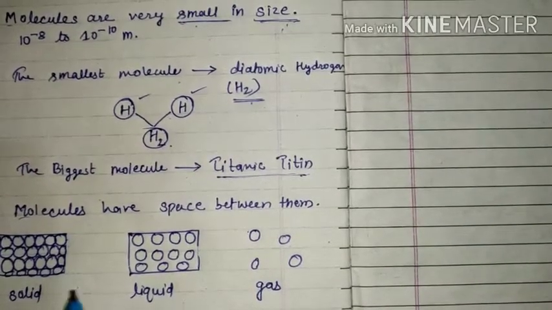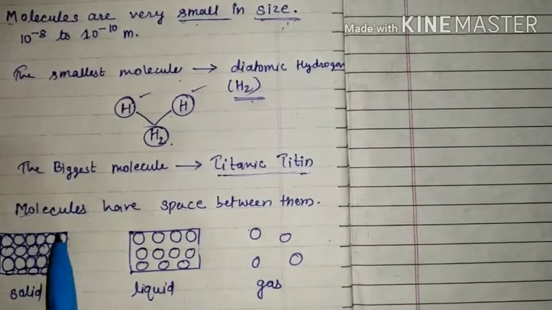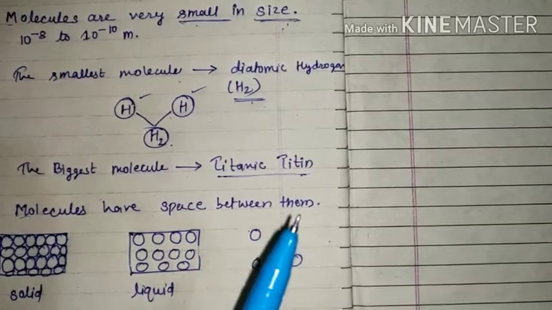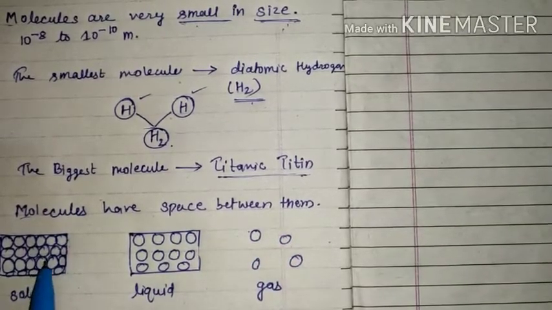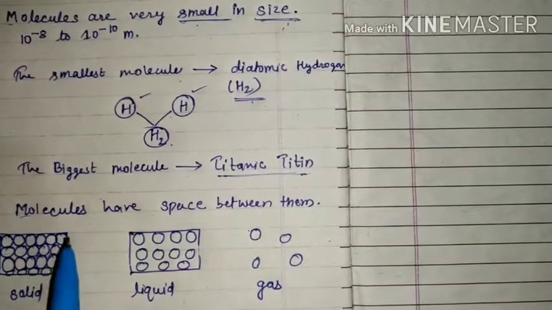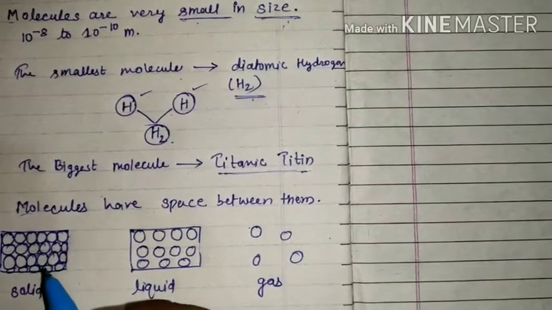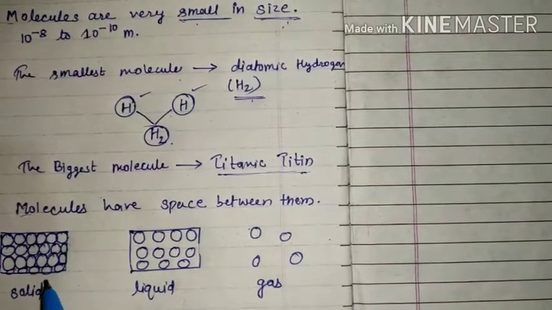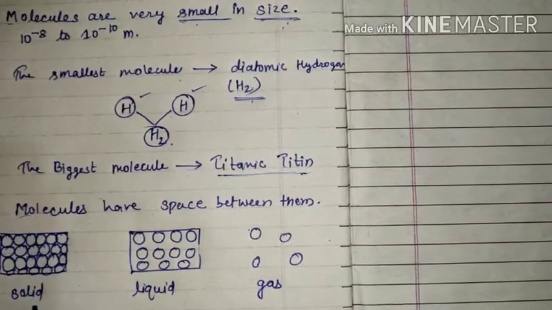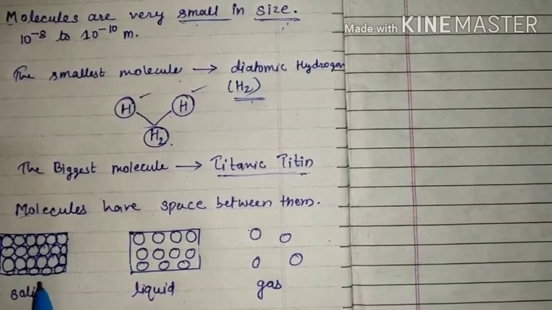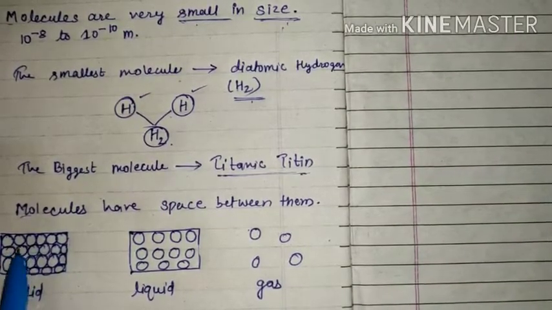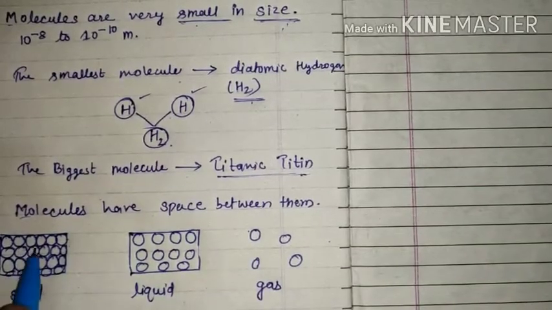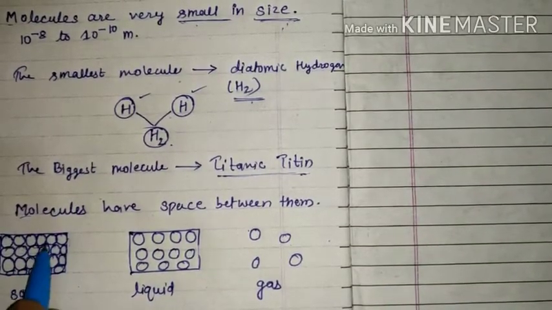So as we know, a very large number of molecules are arranged in any substance or material in such a way that there is a space between them, some space between the molecules.